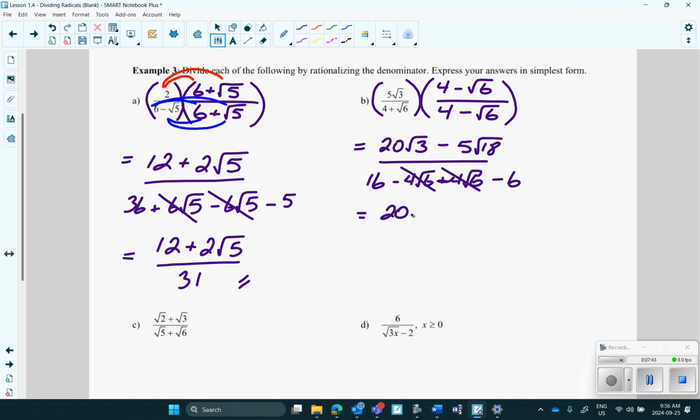So we should be here right now: 20 root 3 minus 5 root 18 over 10. What do you want to do next? Yes, this can be simplified.